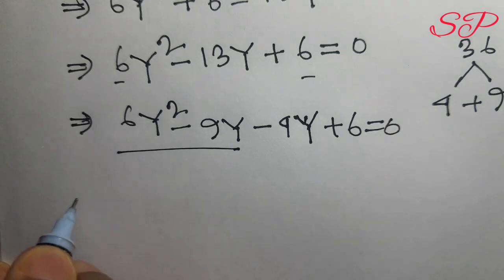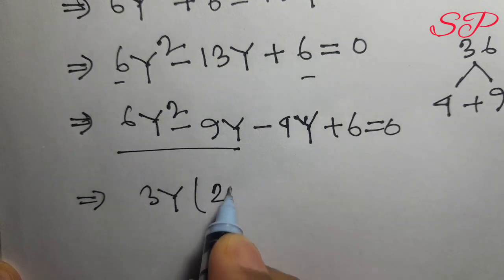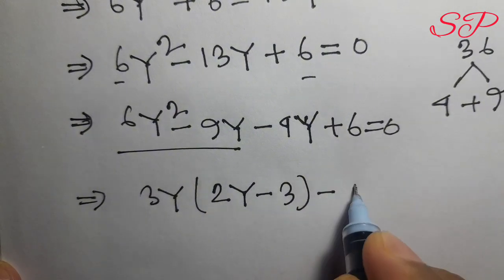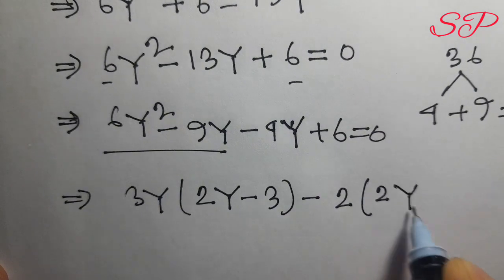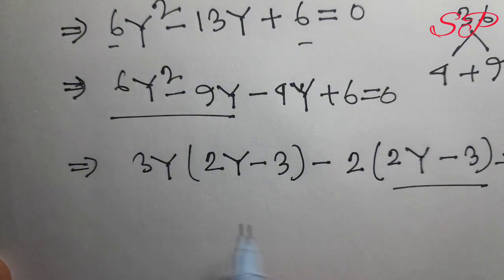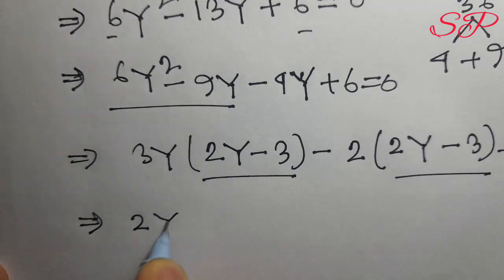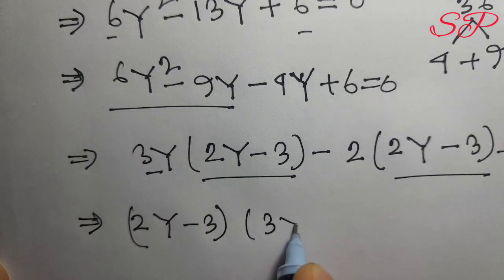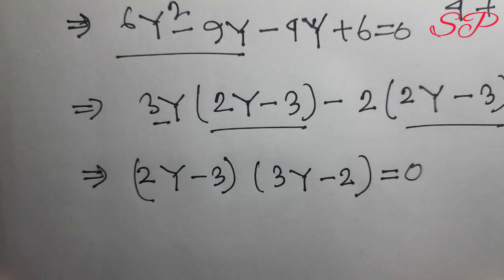This part common is 3y, 2y minus 3 remains, and this part common is 2, and 2y minus 3. 2y minus 3 is common, so the remainder is 3y minus 2.